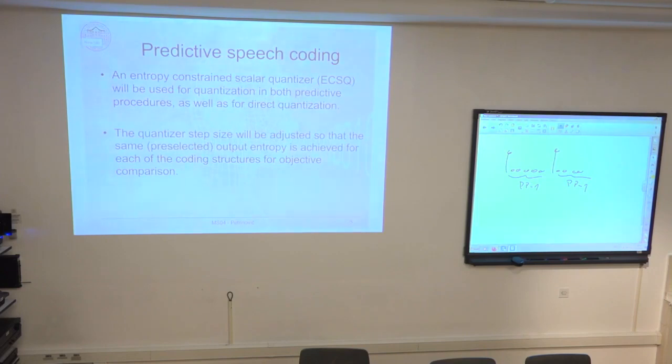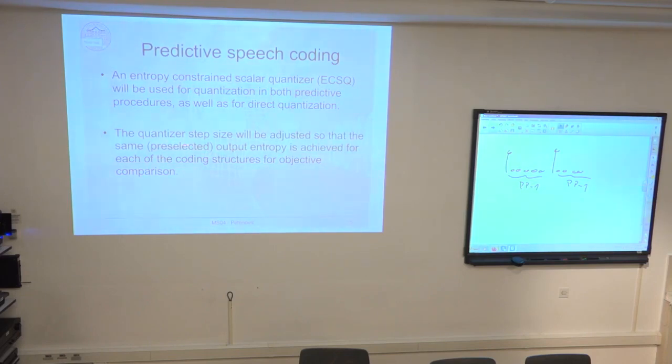Okay? An entropy constrained scalar quantizer will be used to do the quantization in both predictive schemes, as well as in parallel for direct quantization. So if I would do the entropy constrained scalar quantization directly on the input signal, we will then compare what I get with the same rate over the channel, but either with direct quantization or with predictive quantization.